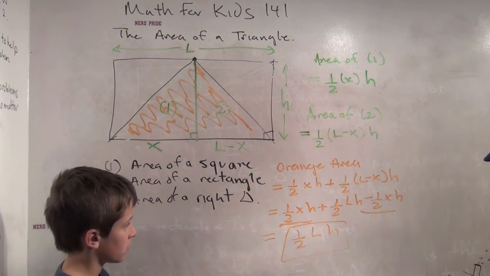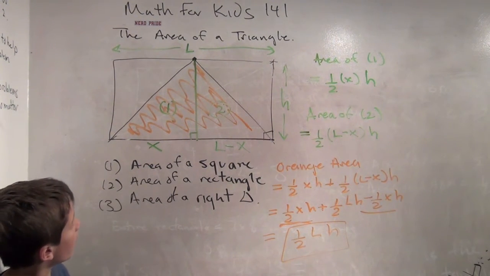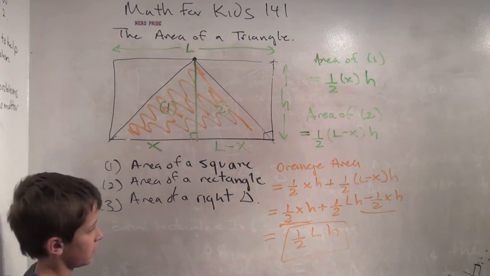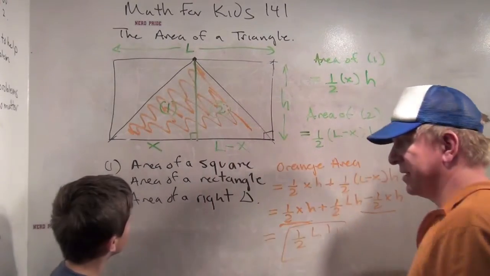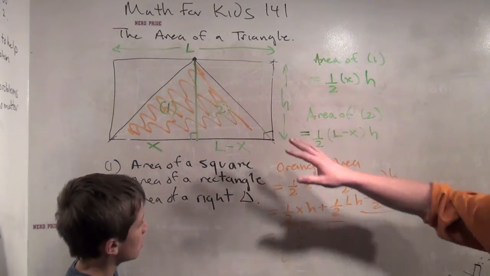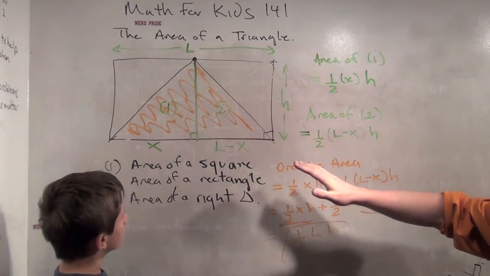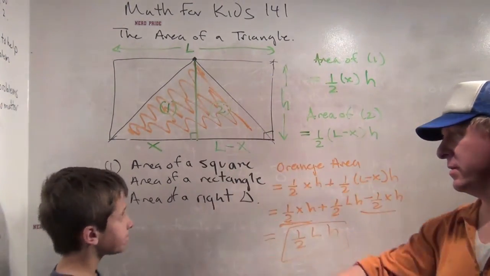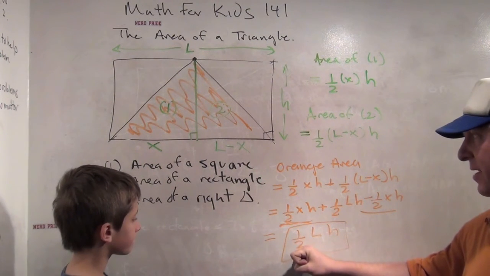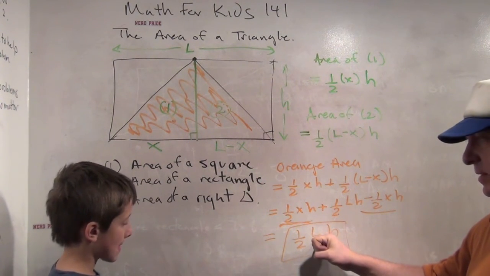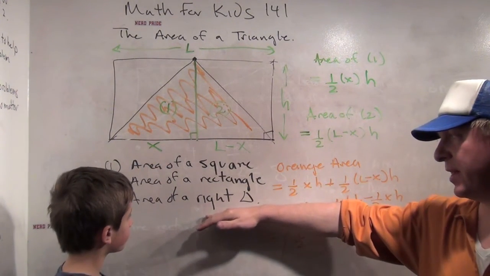Okay, now this is kind of a surprising fact, because what is L in my orange triangle? L is the length of the base, and H is the height. So at least for this triangle, and this is not a right triangle, we found that the area of the triangle is computed as 1/2 the length of the base times the height, which is exactly the same formula that we had for a right triangle.